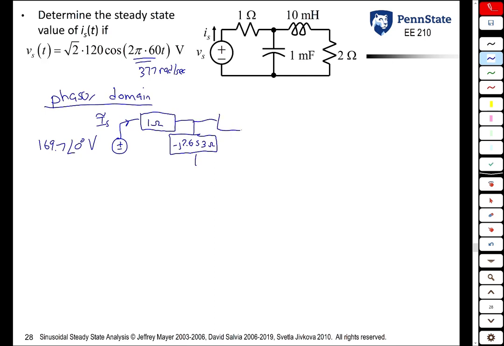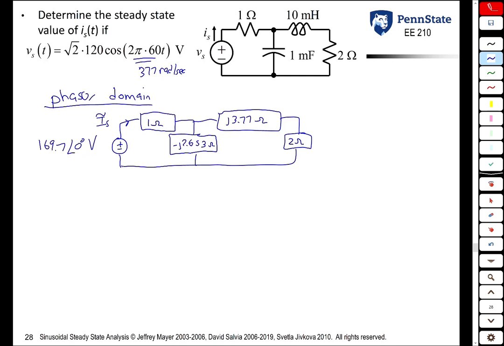The inductor, j omega L, becomes j 3.77 ohms. And of course, resistors, once again, are unchanged. So this is the equivalent circuit.